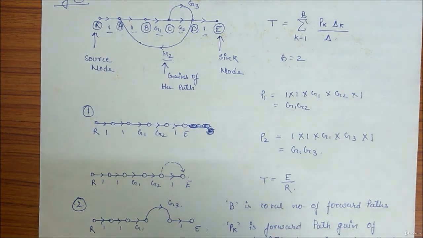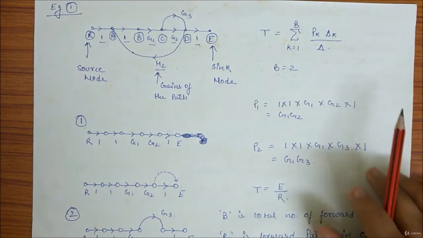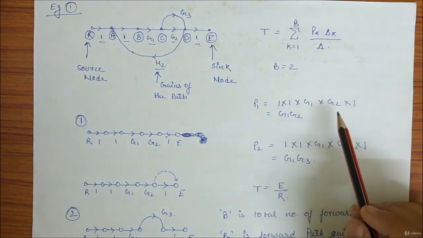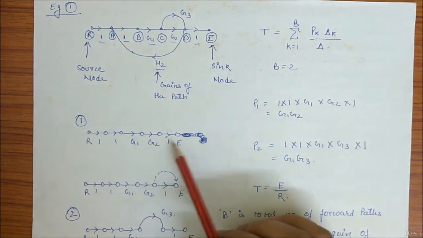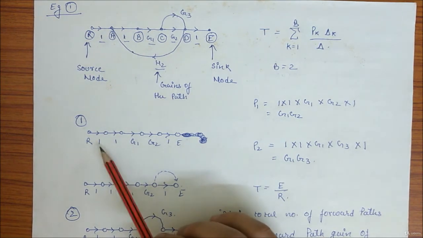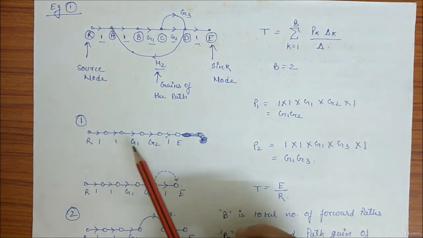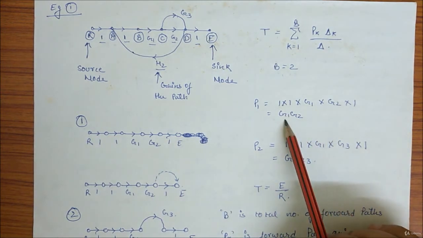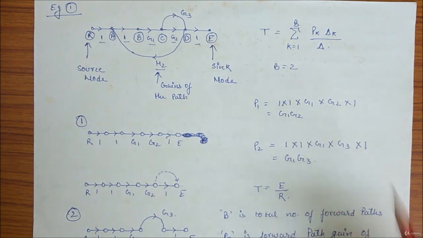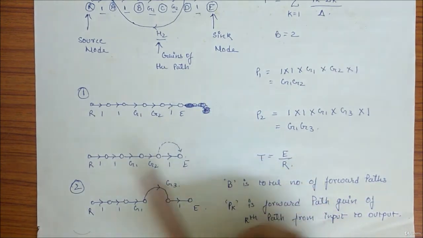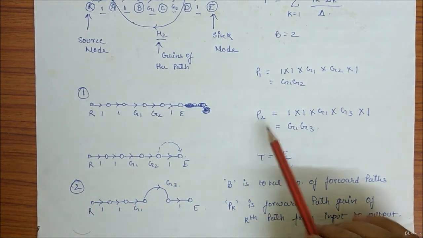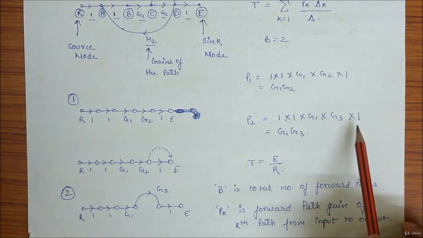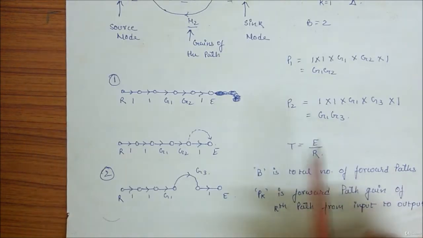Now if you see P1, this is the overall gain of the path from R to E. We multiply the path gains: 1 into 1 into G1 into G2 into 1, which is nothing but G1 into G2. Now comes the second part. P2 is 1 into 1 into G1 into G3 into 1, which is G1 into G3.